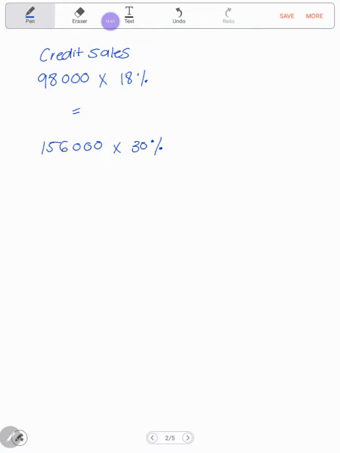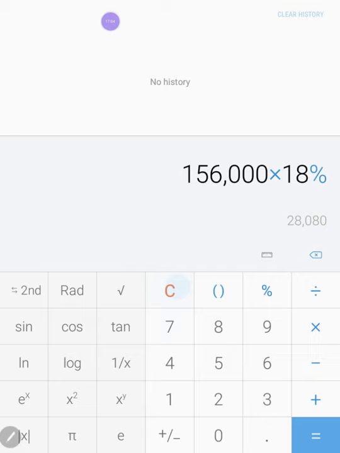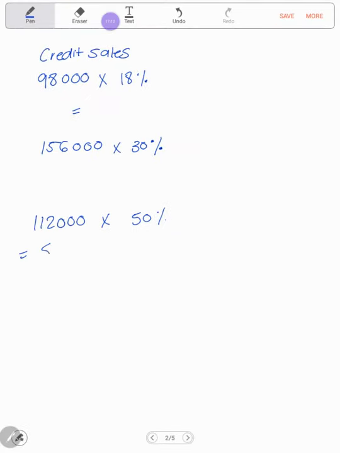So the January sales is 112,000, and they said that 50% will pay in the same month. So let's go and see. 112,000 times 50%, we get 56,000. Okay, from this 56,000, we need to subtract 5%.